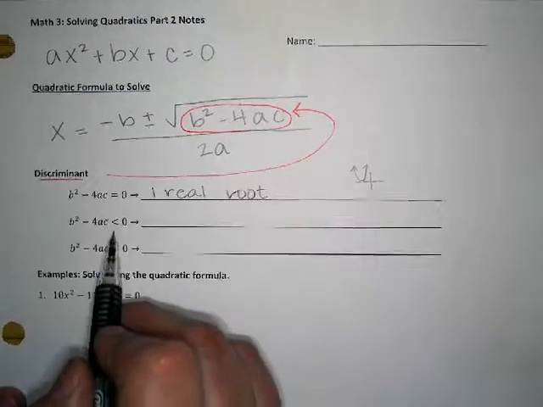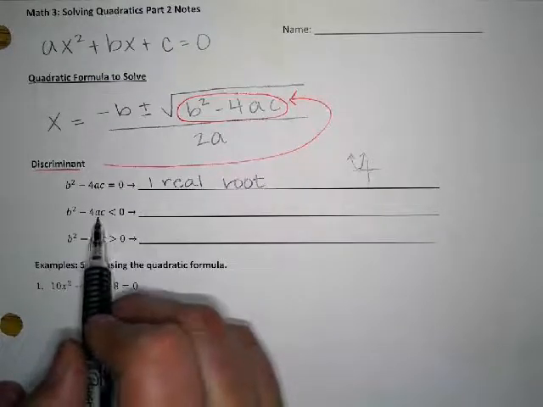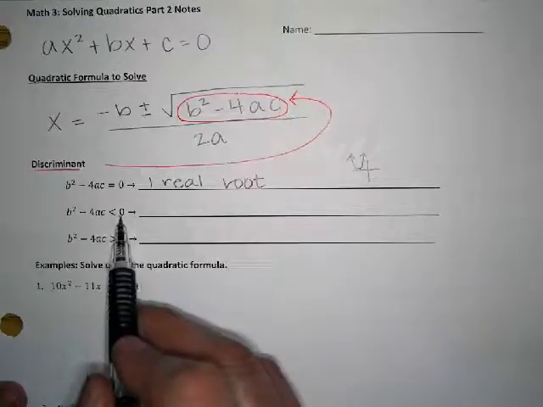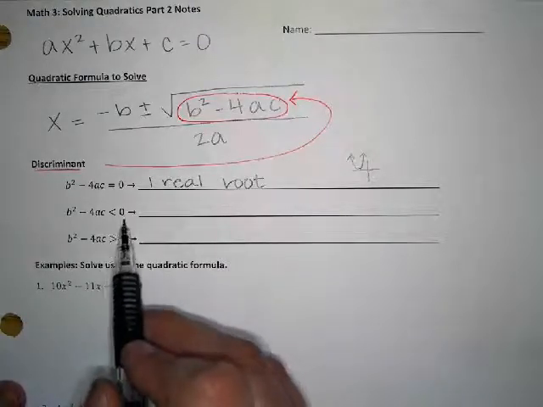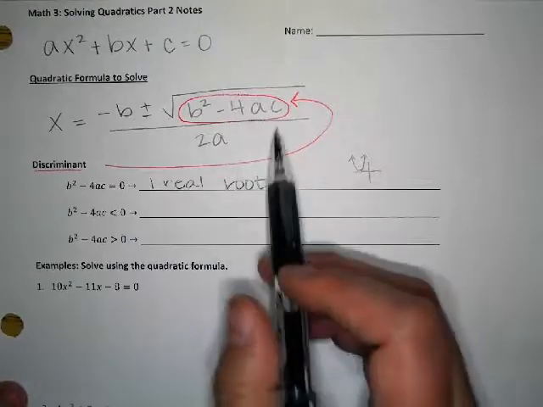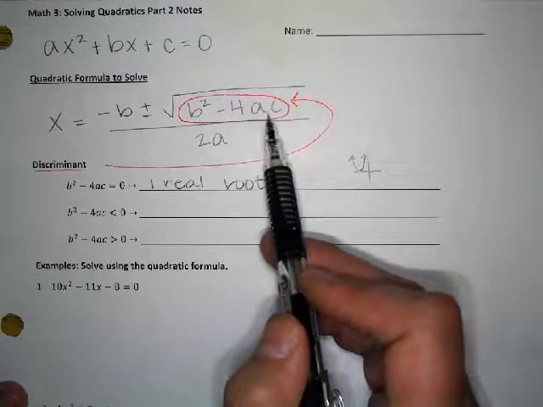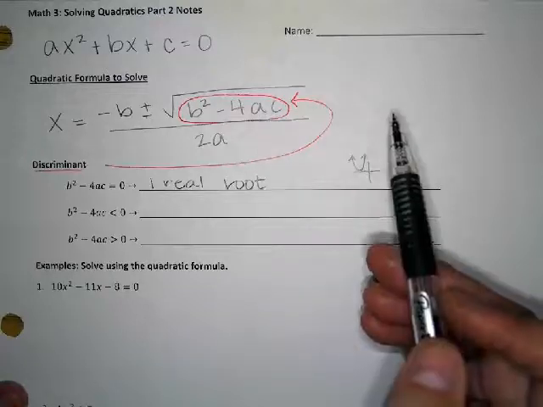Okay? The next situation is we could have the discriminant, the number underneath the square root, be less than 0. It could be a negative number. And if you recall from Math 2, if you square root a negative number, you get something that doesn't exist.